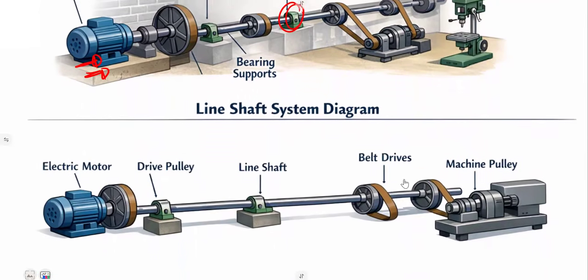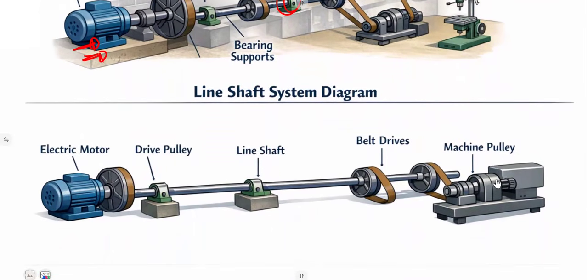This is the same thing that we have here in a basic view that you can see. Electric motor, like a line diagram: electric motor, drive pulley to the line shaft, then belt drive. The moment you consider belt drives, you must know the issue of the belts. Remember when you dealt with the belts before, where you have to consider tensions T1 and T2, the slack side and the tight side, depending on the condition that you're given.